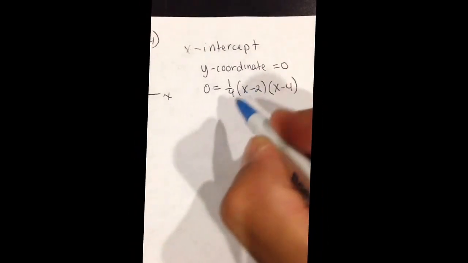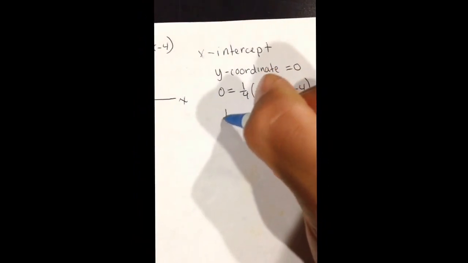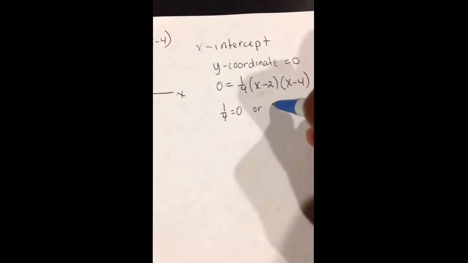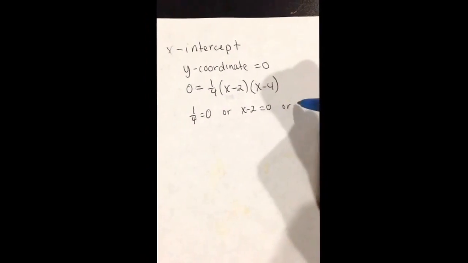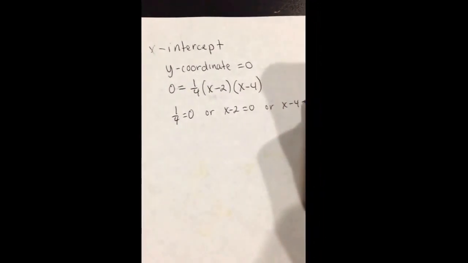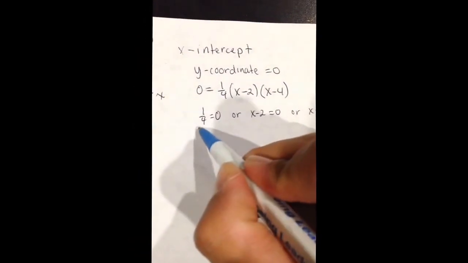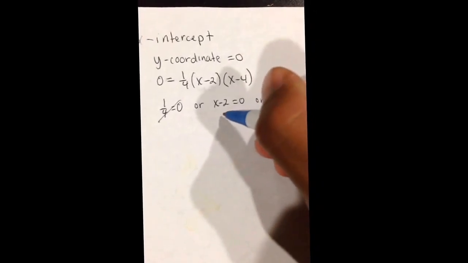To solve for this, we set each term equal to 0: 1/4 equals 0, or x minus 2 equals 0, or x minus 4 equals 0. We know 1/4 equals 0 is not going to be true, so we ignore this, and we just solve the others.